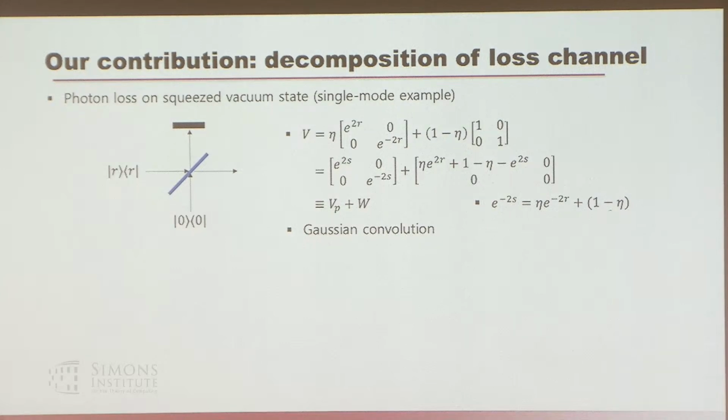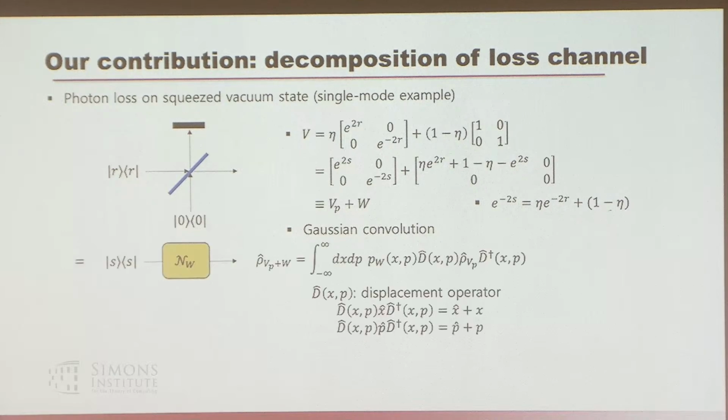And we can apply the same picture in a quantum circuit, in this Gaussian circuit. Here, as I said, the first part, this Vp part, looks like the covariance matrix of a squeezed vacuum state. So we first prepare a squeezed vacuum state with squeezing parameter S. And then we perform a type of Gaussian convolution in the circuit.